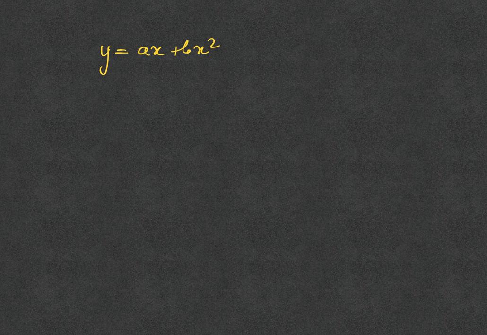The models from here are extensions and are A-star material. So let's look at what we do with this one: y equals ax plus bx squared. Well, I do a trick. I can't apply log, because if I take log of ax plus bx squared, I can't split it into two terms. So what I'm going to do is first divide by x. So I get y over x equals a plus bx.